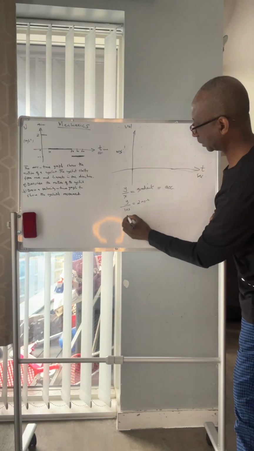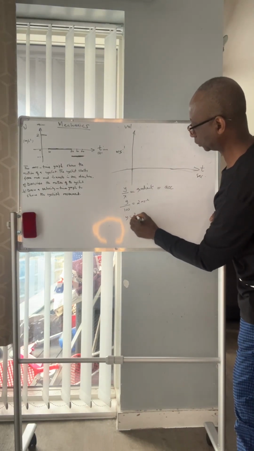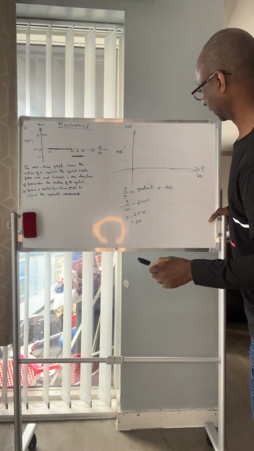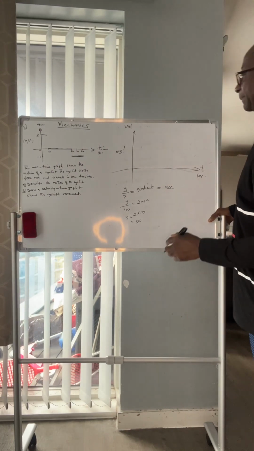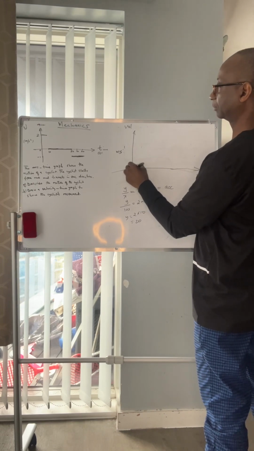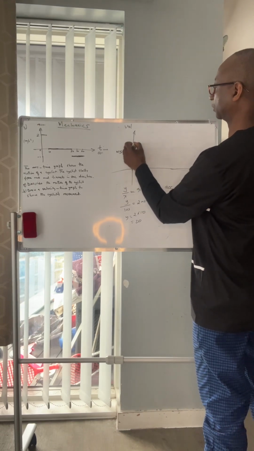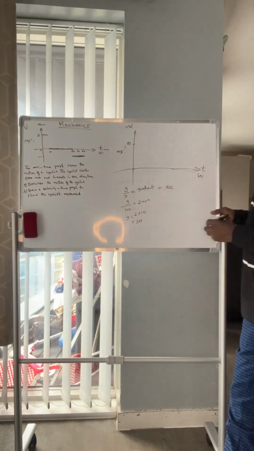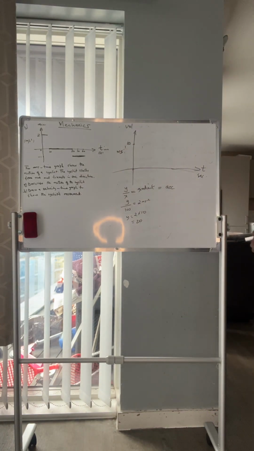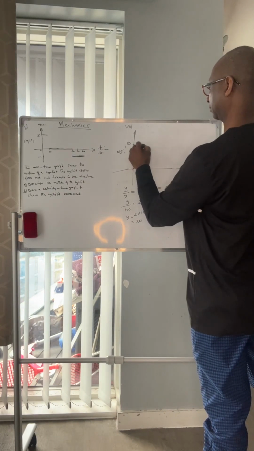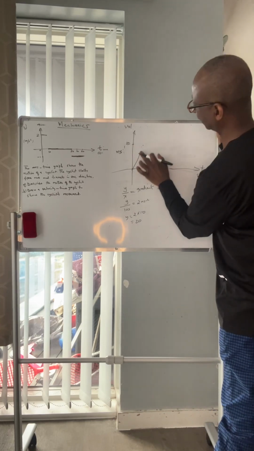So y equals 2 times 10, which is 20 meters per second. So accelerated from 0 to 20 meters per second in 10 seconds. This is the line we have.